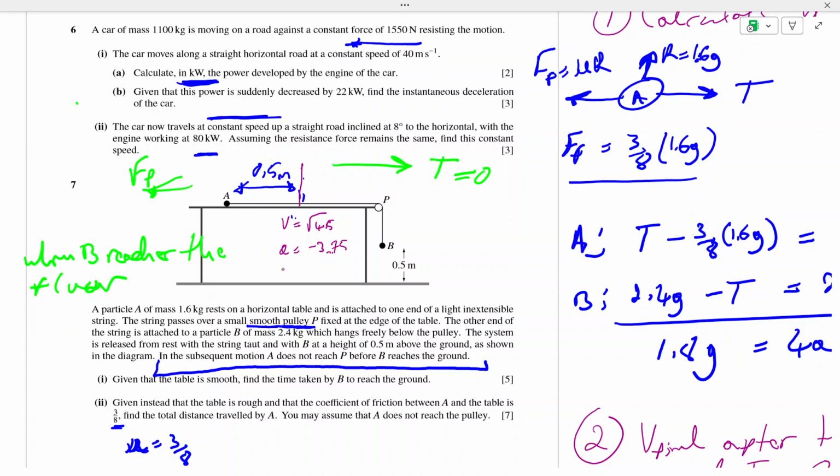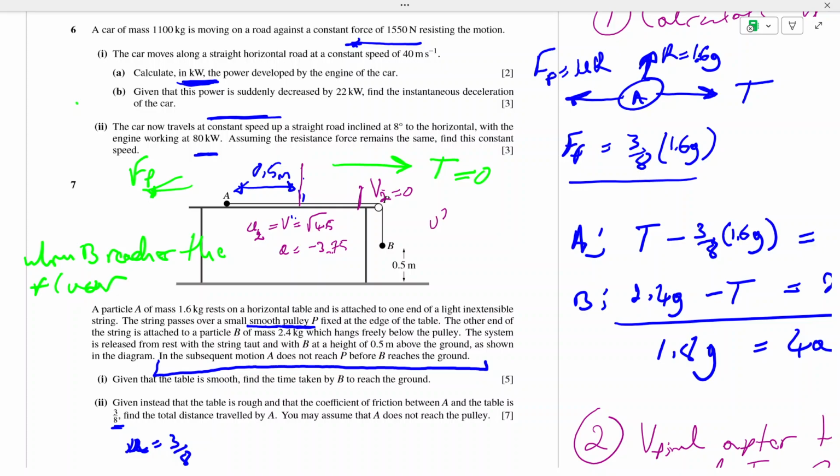So now we can use that fact, and we know that it's going to keep moving until it has a final velocity. So this becomes u1, and this becomes u2. This v here becomes u2, until it has a final v2 of 0.